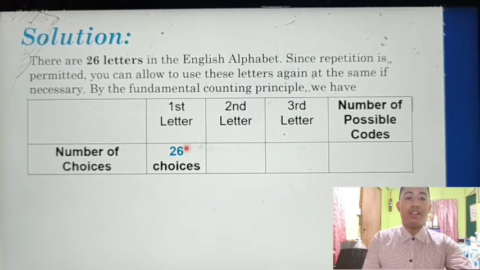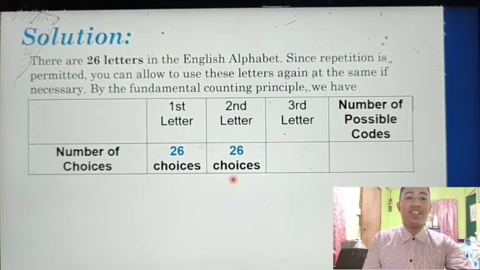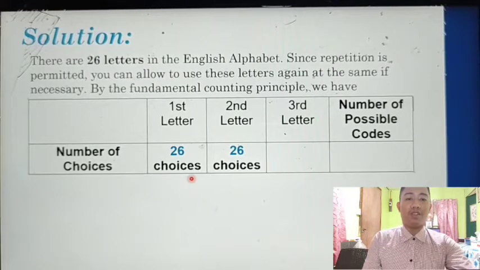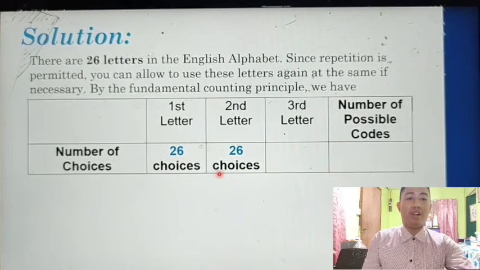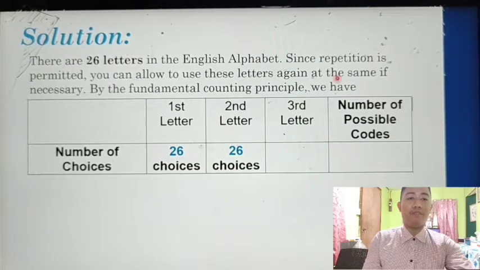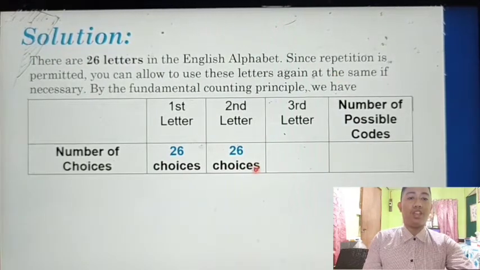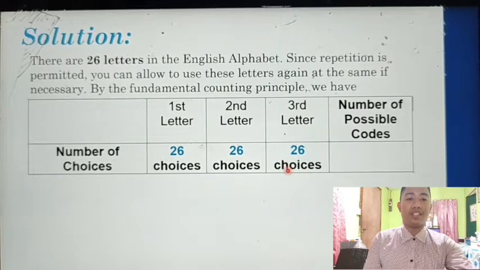Among these 26 choices, the second letter will also be chosen from 26 letters, so it's still the same and could use the same letter again. Also with the third letter, same rule, repetition is permitted, so we have 26 choices in all.